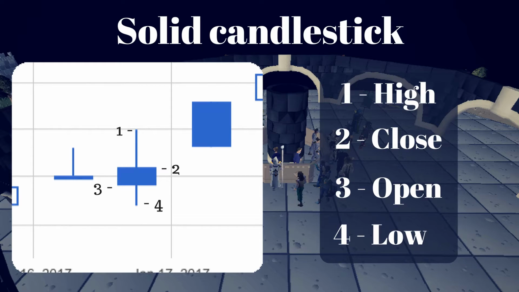And this would indicate a bullish market, where if this was continuously showing on the graph with a series of solid candlesticks, then you know that the price is moving upwards. Whereas with the hollow candlesticks, if there was a series of those together, then you know that it's a bearish market and the price is moving down.